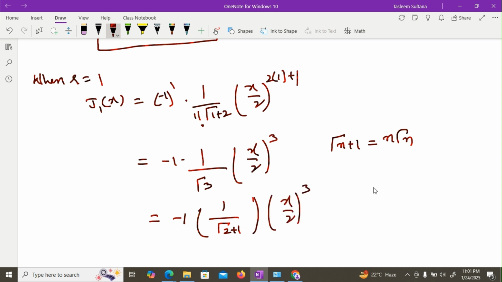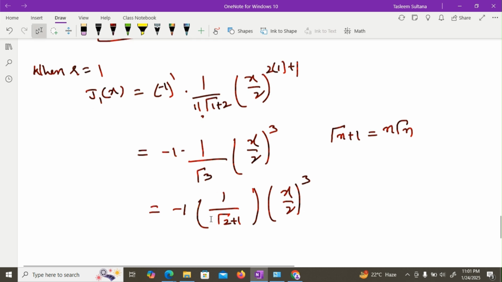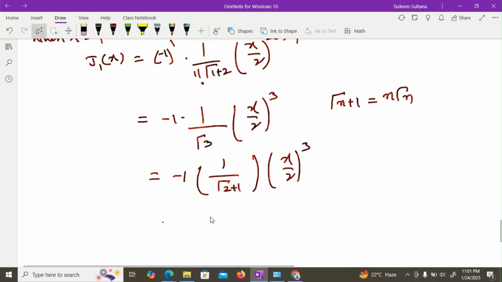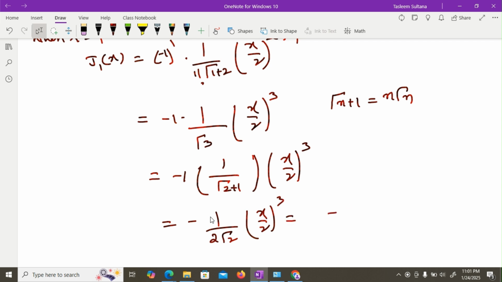Minus 1 into 1 divided by gamma of 2 plus 1, x by 2 to the power of 3. So that will be equal to minus 1, 1 by 2 into gamma 2, x by 2 to the power of 3.